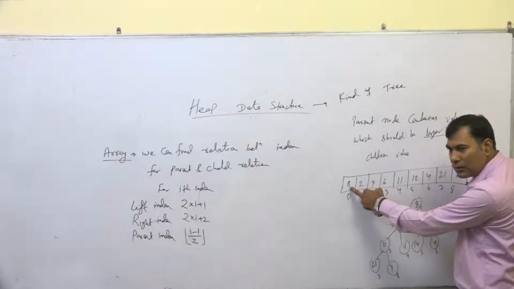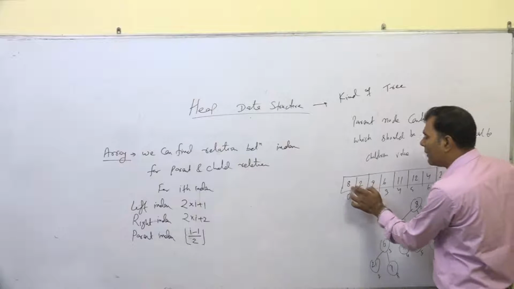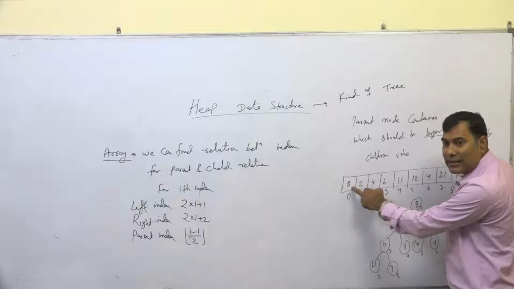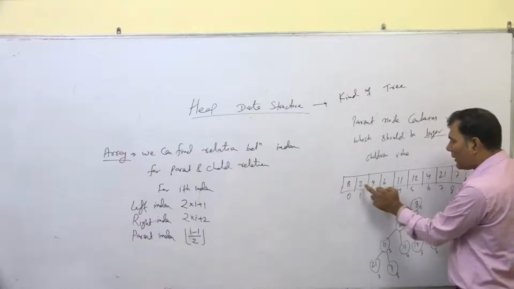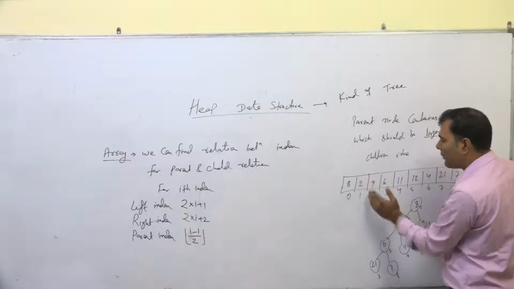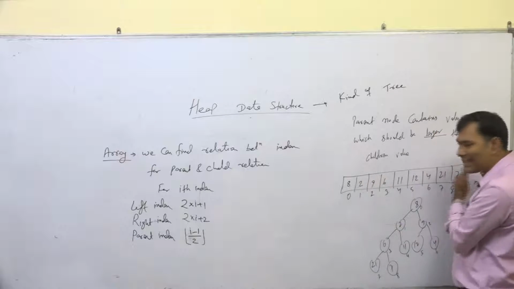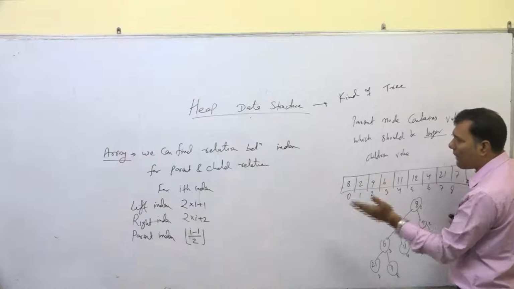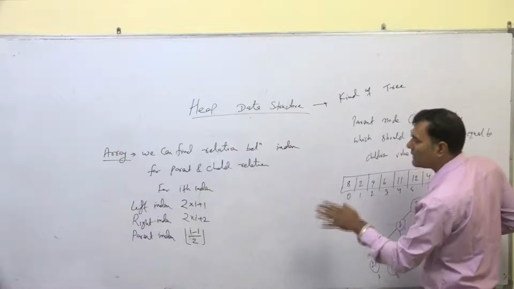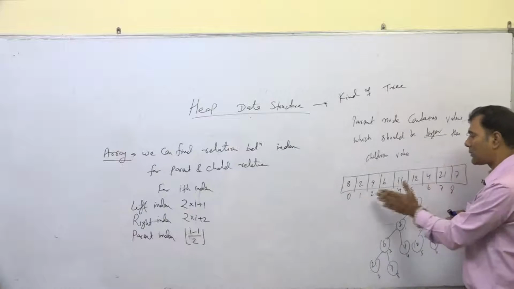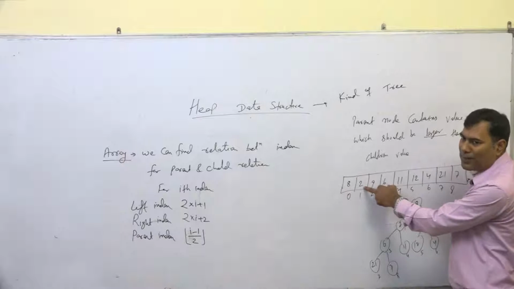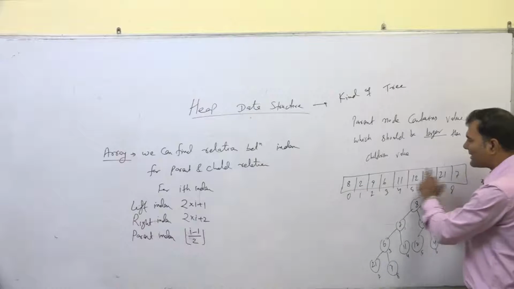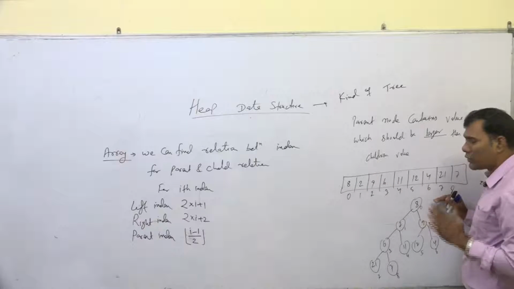This largest value is larger than any index. Now if we have another larger number in this place, we compare on this side only, with the 2 into i plus 1 index or the 2 into i plus 2 index. Even if you compare with any other index from the right-hand side, it becomes larger. Clear? So when you sort this array in descending order, you will get a heap.